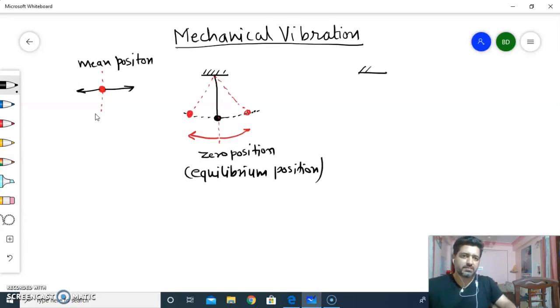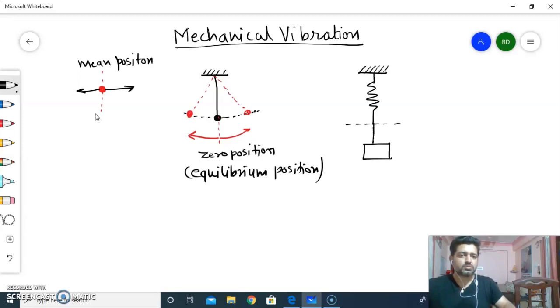So let's take a simple example or simple vibrating system. That means spring and mass system. We have a spring and we have a mass here. So if there is no mass, the position of spring is this. But if there is a mass, then spring will get stretched and reach to this position, right?